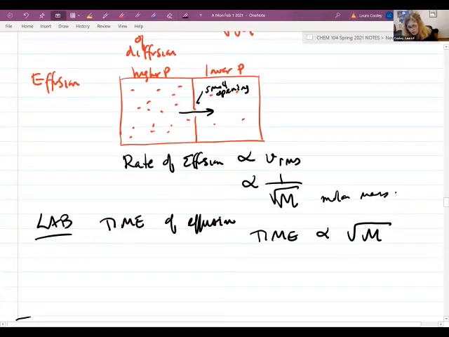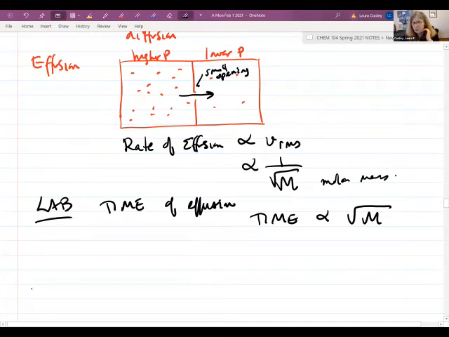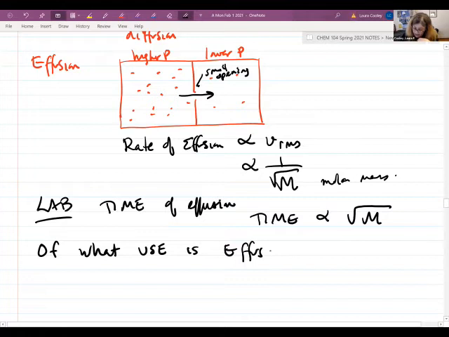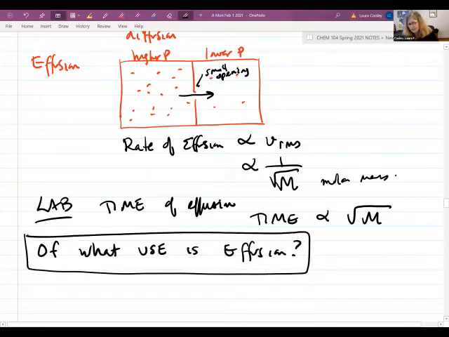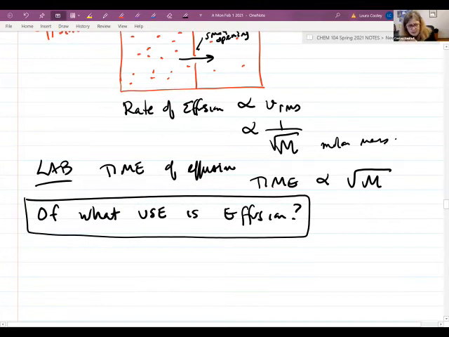But what I wanted to do is propose the question of what use is effusion? One of the reasons that I even talk about effusion is because I can tell you about a very unusual, very weird way that uranium was enriched for many, many years.